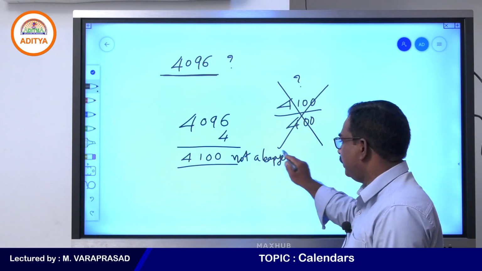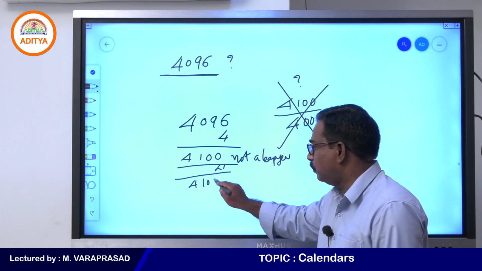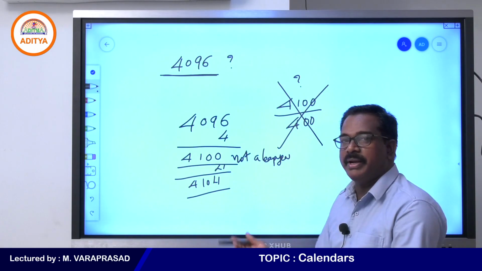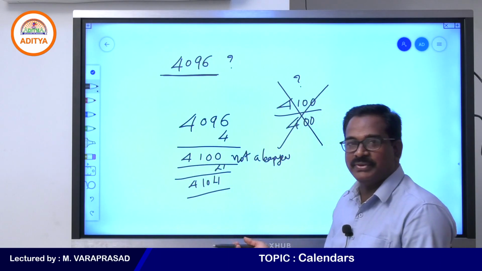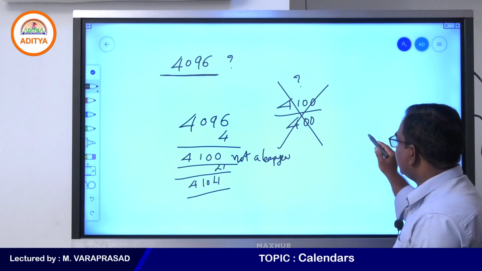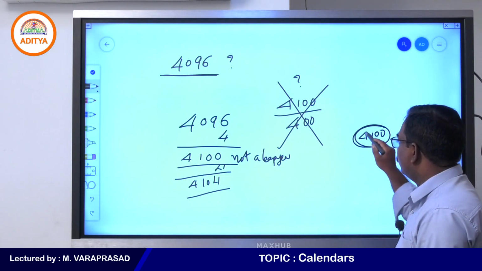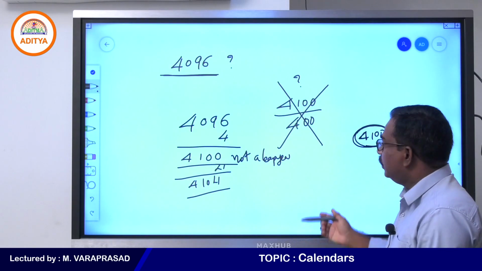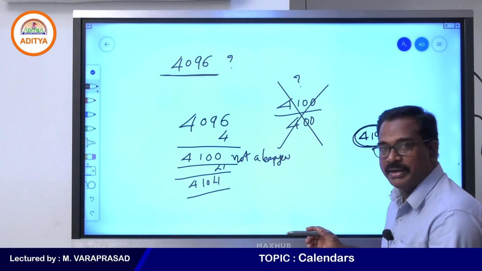Then what is the next leap year? One more 4 you need to add. 40104. Because 40100 cannot be divided by 400, as it is a century year. When a century year is coming, you need to divide by 400 and you must get remainder 0.